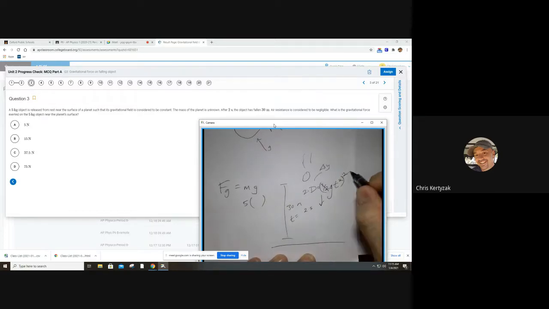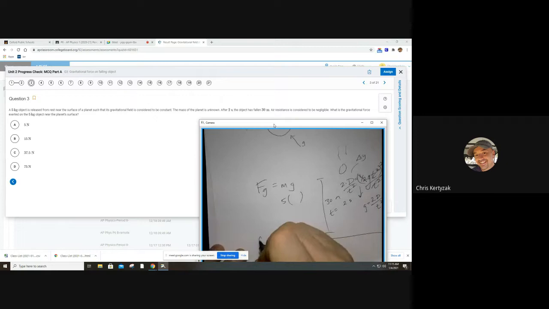The 1/2 and the 2 would cancel. I end up with 2d equals g t squared. And then I divide by t squared on both sides, and I'd end up with g equals 2d over t squared. So now I can compute g.